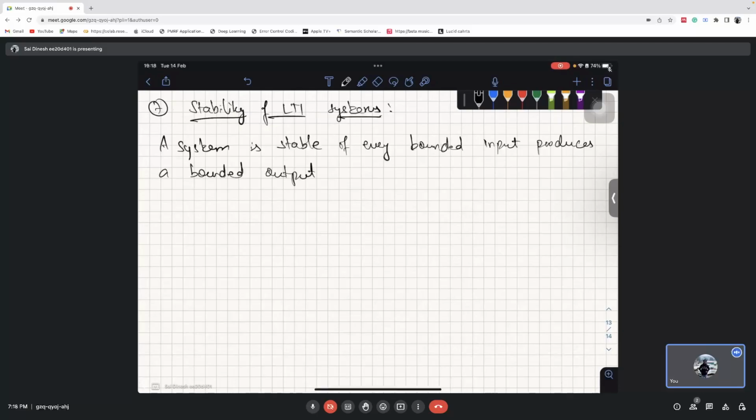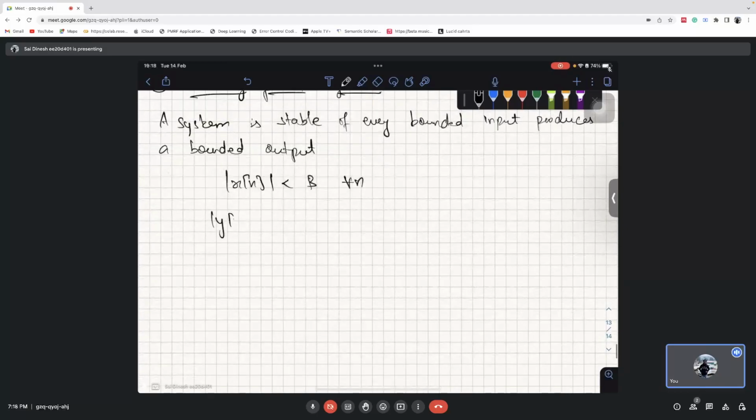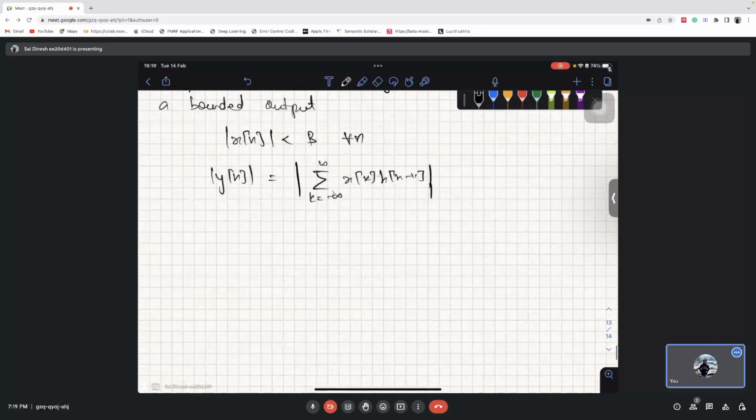So if we have the magnitude of x of n less than B for all n, then the magnitude of the output y of n, which is the magnitude of the summation over k from minus infinity to infinity of x of k h of n minus k, is less than or equal to the summation over k from minus infinity to infinity of the magnitude of h of k times the magnitude of x of n minus k.